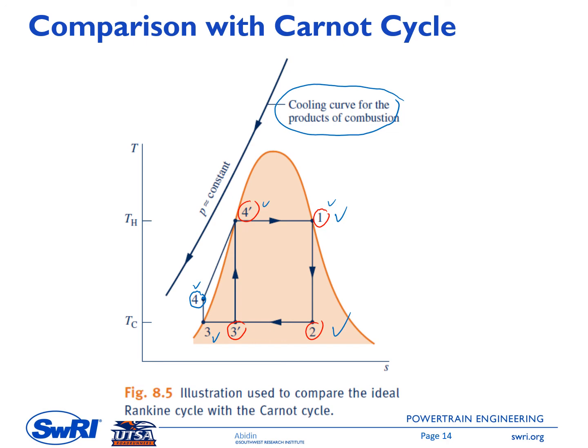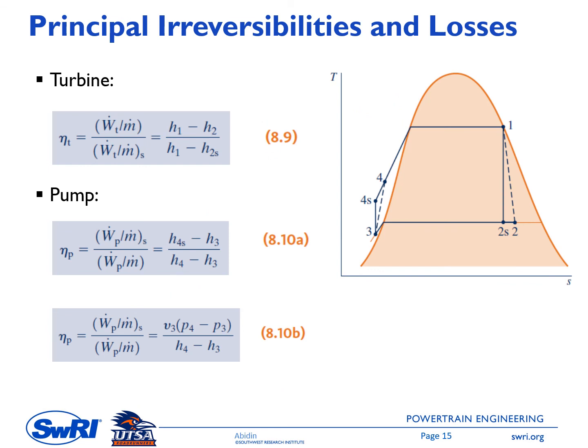So in this case we have a better combustion product energy utilization when we use the ideal Rankine cycle compared to the Carnot cycle.